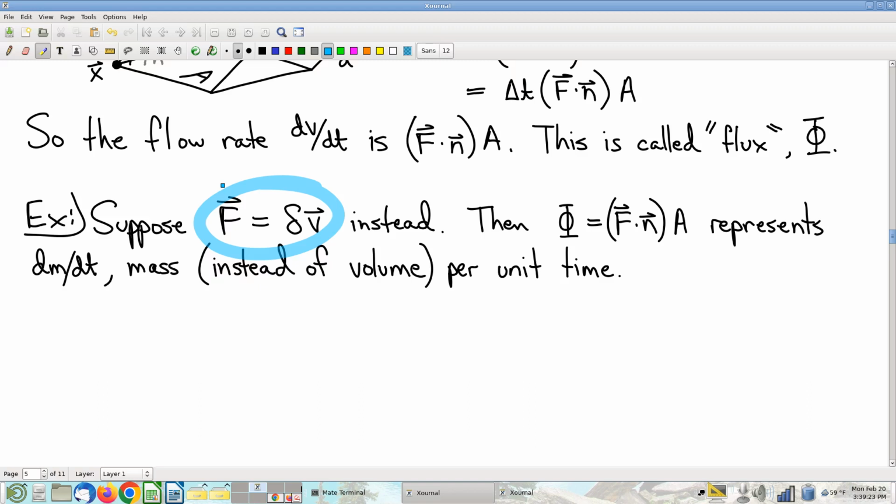Suppose I have a door or a window in my house, and it's been left open. It happens sometimes, and I'm concerned about the rate at which flies are coming into the house. Well, how fast the flies are moving is part of the story. If they're flying faster, more of them are going to come in per unit time.